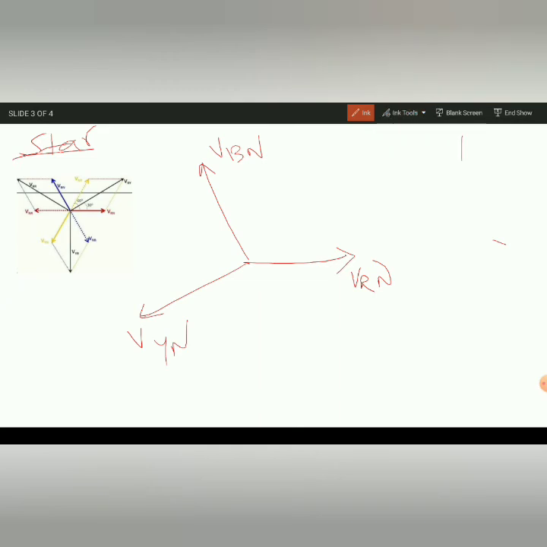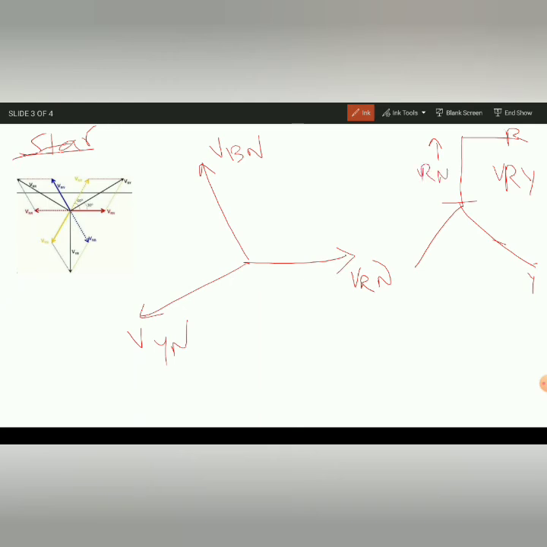Here the line voltage we apply is Vry, because this is R and this is Y. But here the voltage from here to here is Rn.